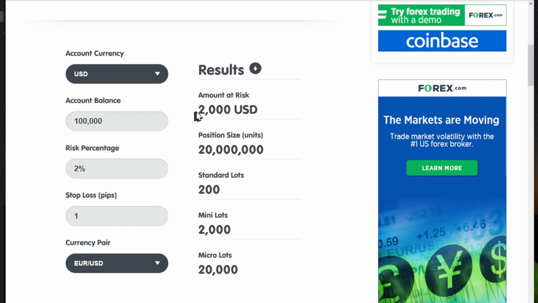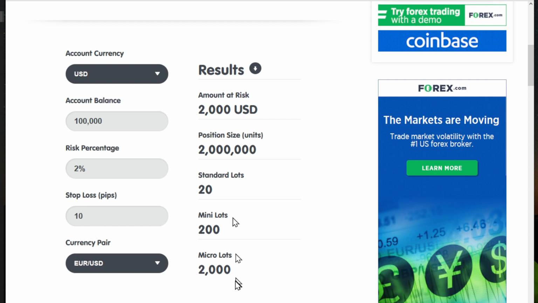Okay, so amount at risk, $2,000, not $100,000. It's still quite a bit of lots that we can buy. All right, so now we're back to 10 pips the wrong way. So let's say that we decided, okay, we're good with 2% of our money, and we're good with 10 pips.